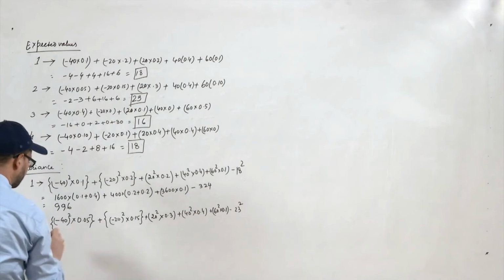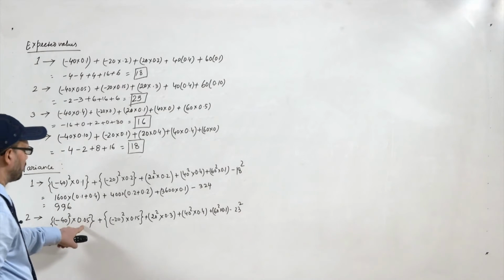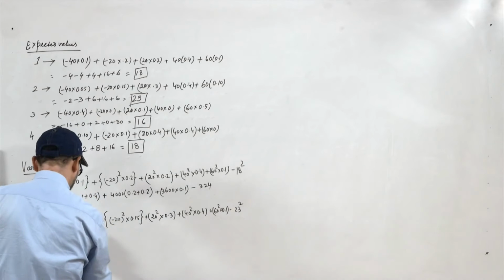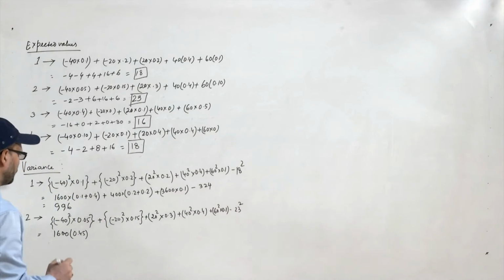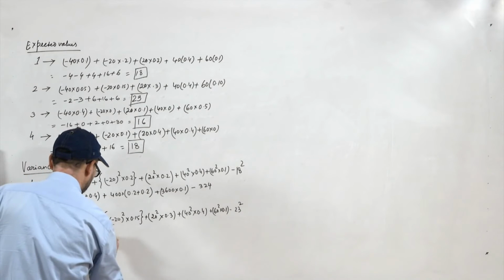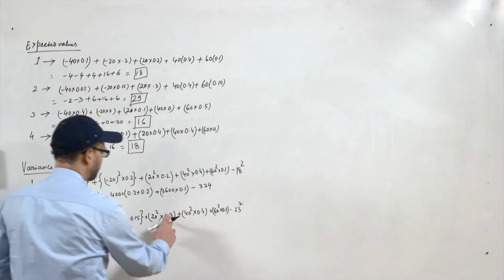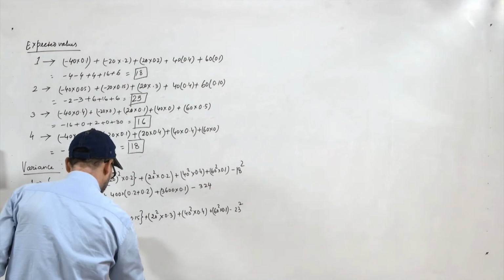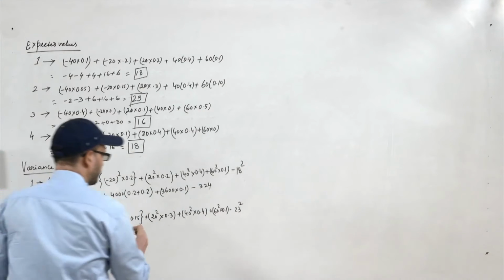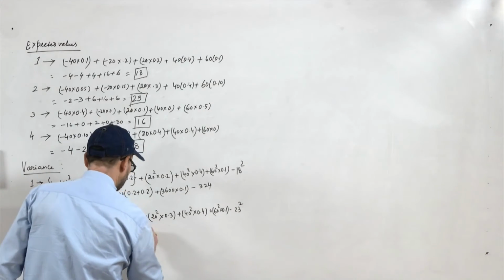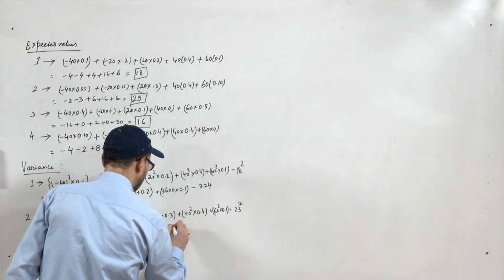So, you will get 1600 multiplied by 0.05 plus 0.4, so that is 0.45, plus 400 multiplied by 0.15 plus 0.3, that is 0.45, plus 3600 multiplied by 0.1, minus 529.